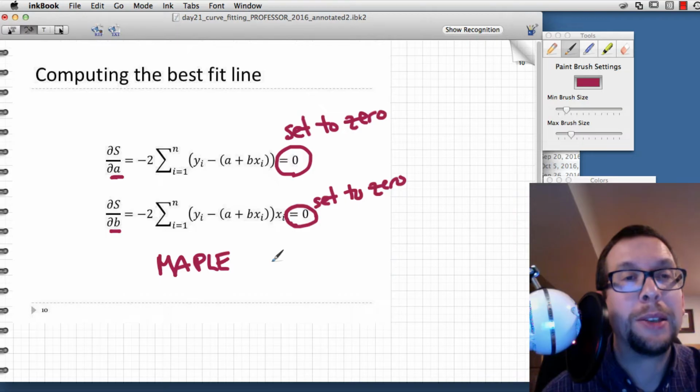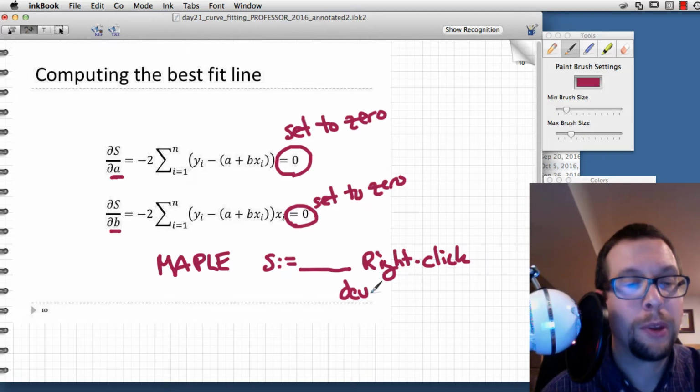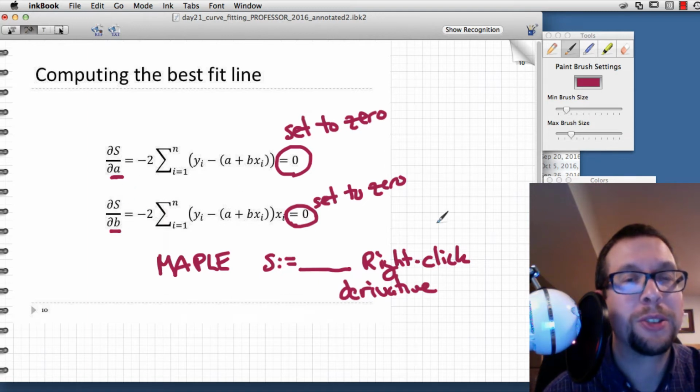So do something like S colon equals, and then write in your equation here, and then right click and look for the option, I think it's derivative with respect to, and then you choose what it's with respect to. So you can right click your way through the actual derivative process and get effectively that result.